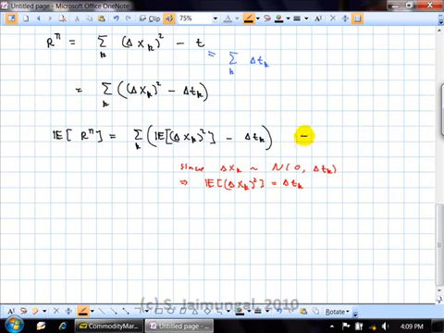So this equals 0. Okay. Every single term in that sum is 0. Are we good?